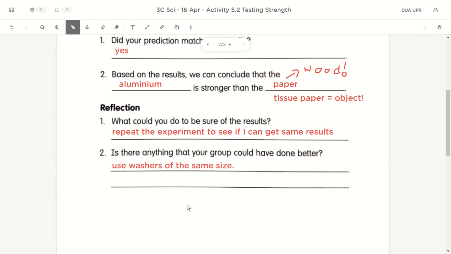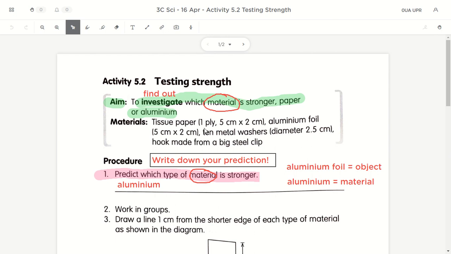Okay, I just want to refer you back to the first page. All right, so you realize that this experiment is about finding out which material is stronger. So the only variable that I should change is my material.